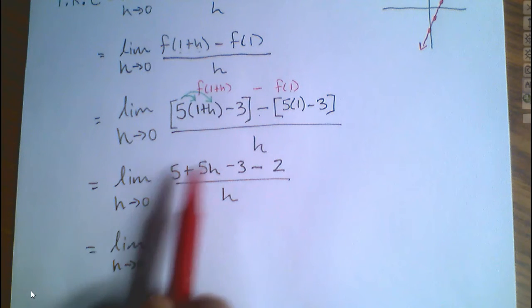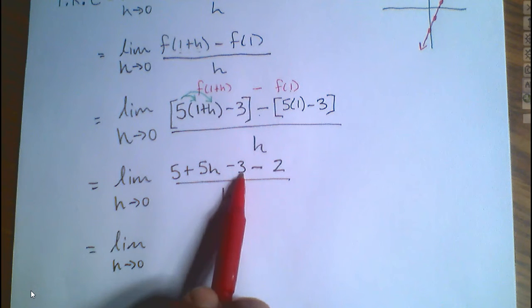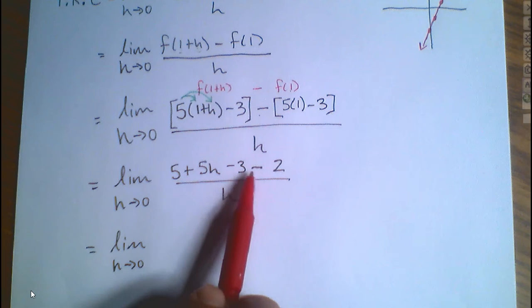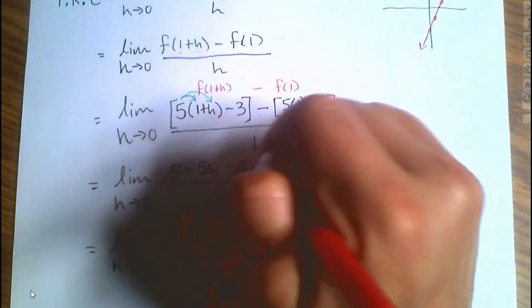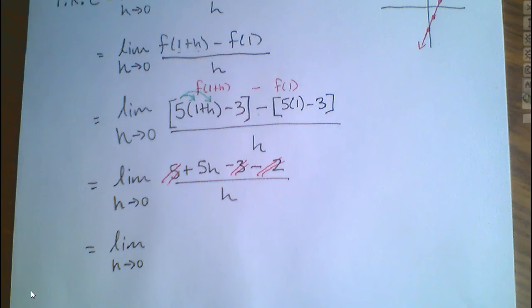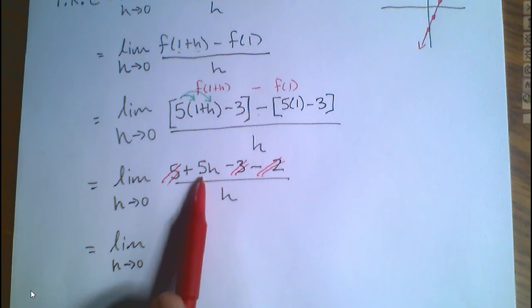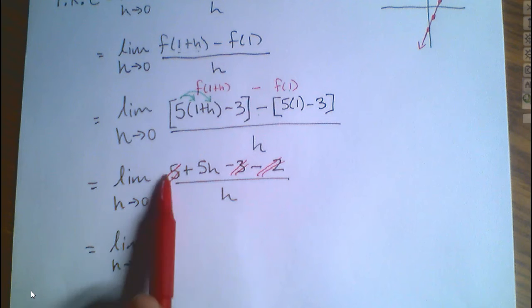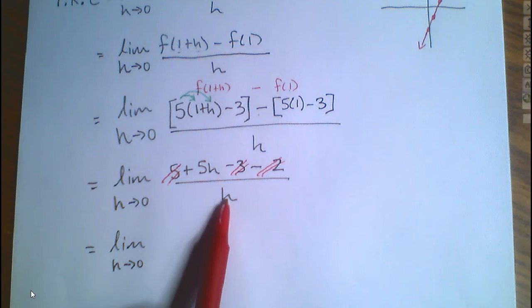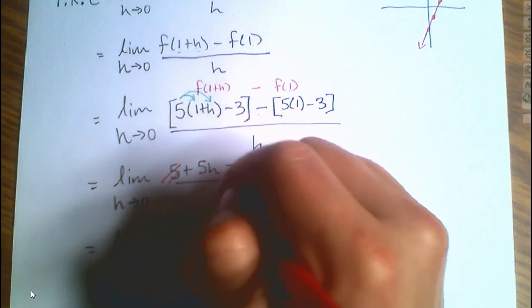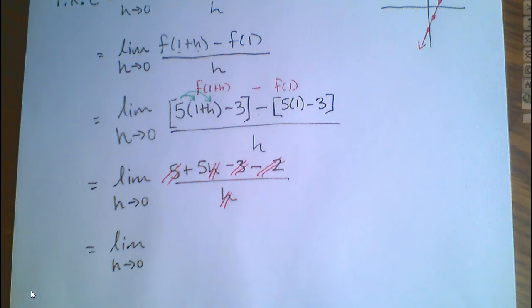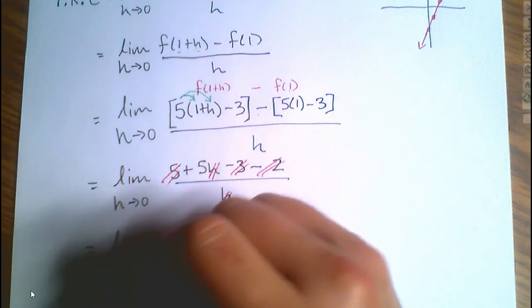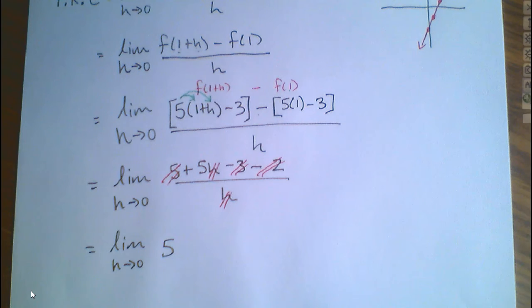So 5, take away 3, that's 2. 2, take away 2, that's 0. So all of this stuff cancels, which is nice. Now you can see what we have left over. We have 5h divided by h. Well, we can cancel out an h from here and an h from there. So all that we have left is 5.